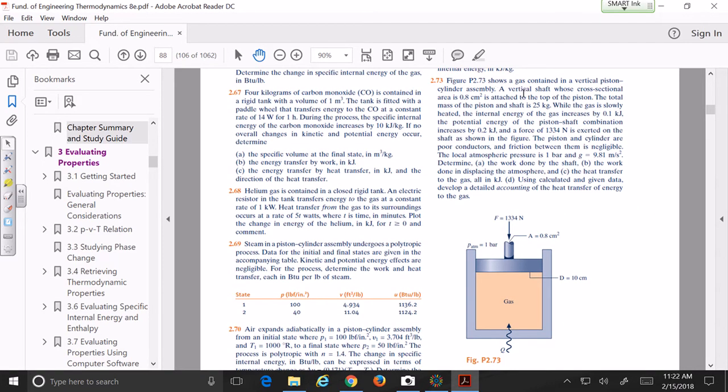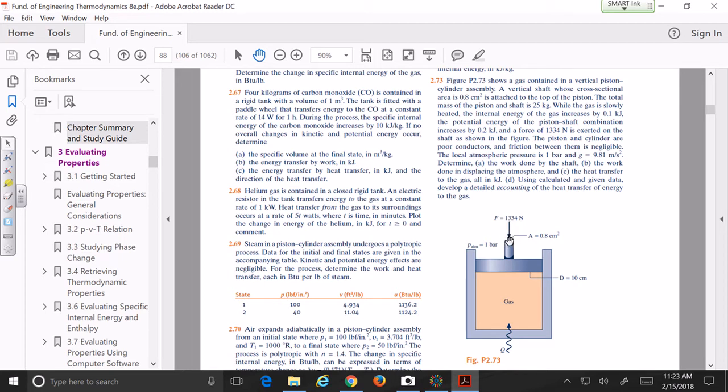Figure 273 shows a gas containing a vertical piston cylinder assembly, a vertical shaft whose cross-sectional area is 0.8 is attached to the top of the piston. The total mass of the piston is 25 kilograms. While the gas is slowly heated, the internal energy of the gas increases by 0.1. The potential energy of the piston combination increases by 0.2. And a force 1334 is exerted on the shaft in the figure. Okay, so what's the question here about this force?